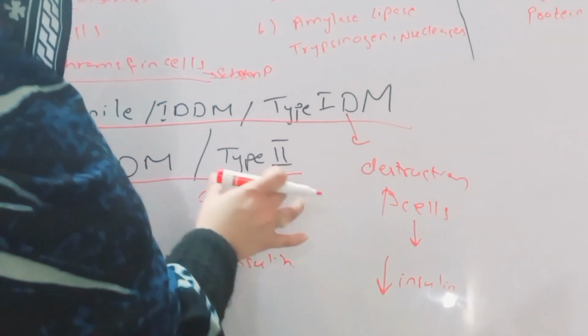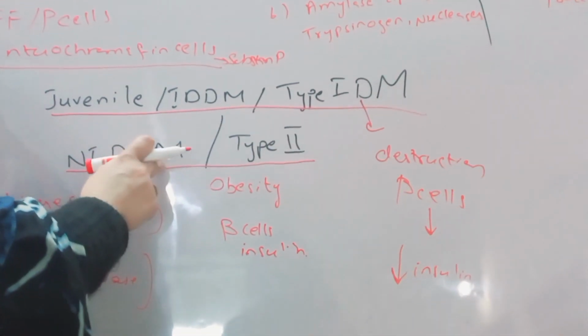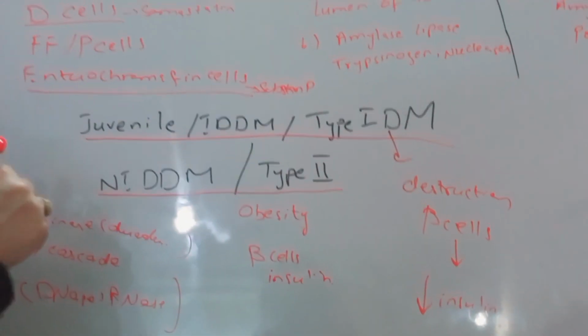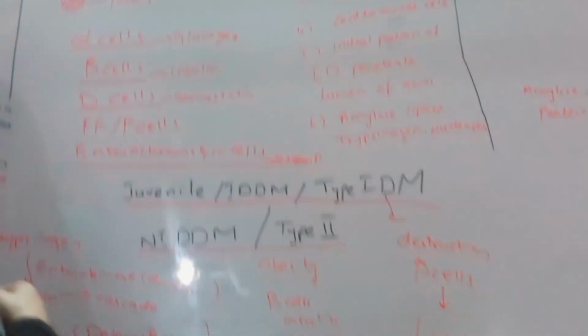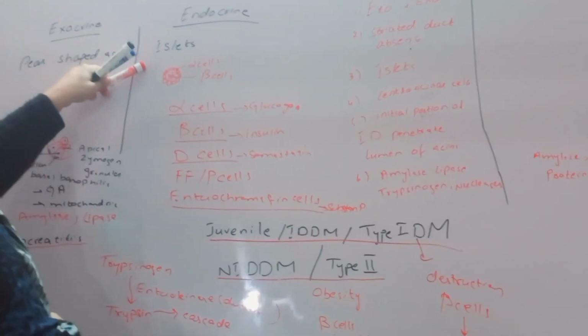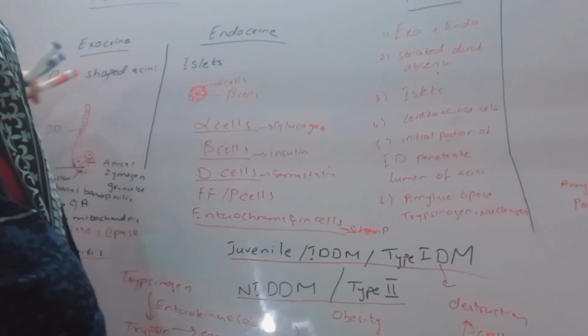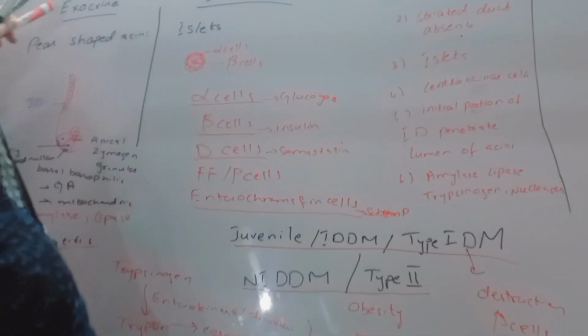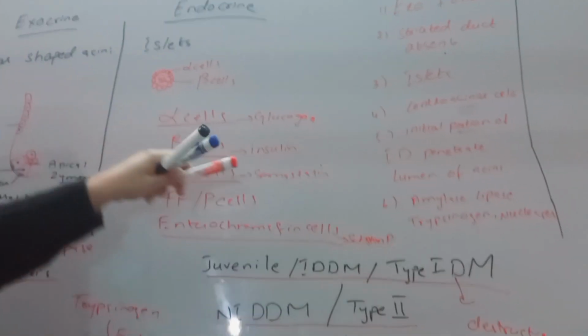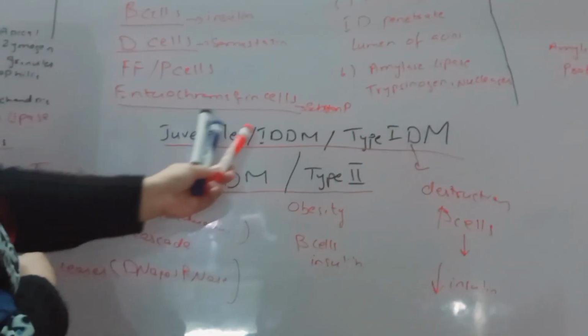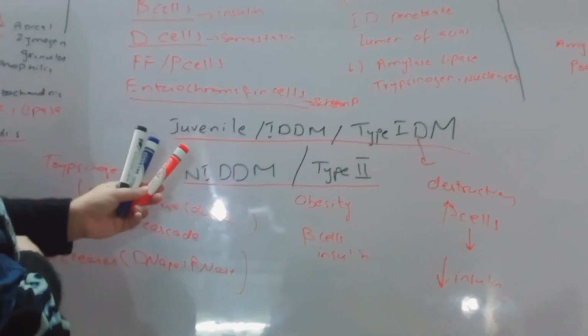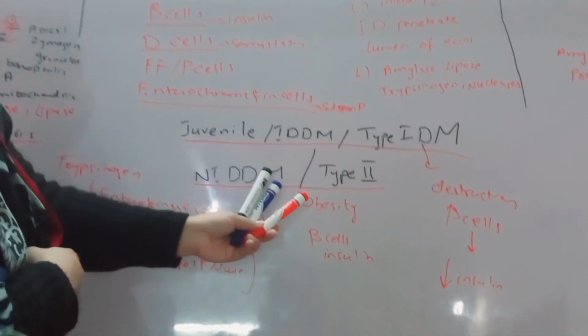That is why this is known as non-insulin dependent diabetes mellitus. So in the endocrine portion, we discussed mainly the islets of Langerhans and their structure, and these are lighter stained as compared to the acini of the exocrine portion. And we discussed two clinicals, juvenile or insulin dependent diabetes mellitus and non-insulin dependent diabetes mellitus.